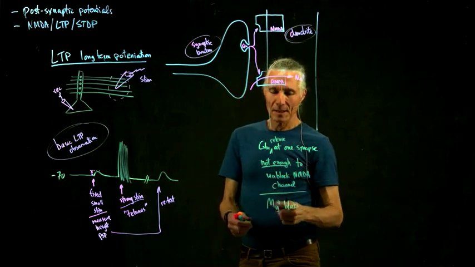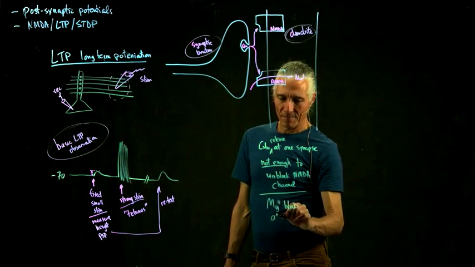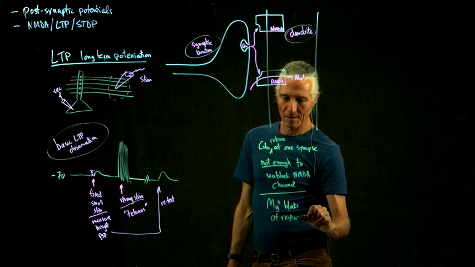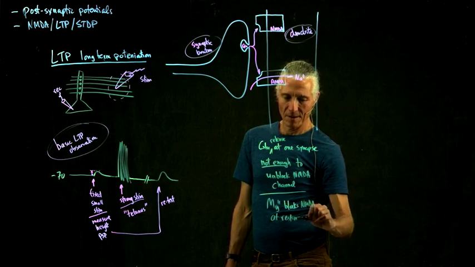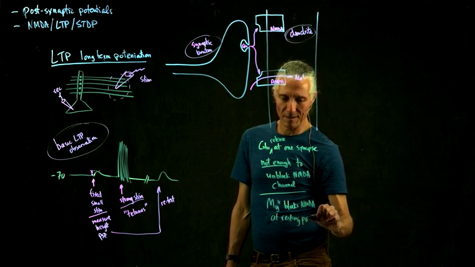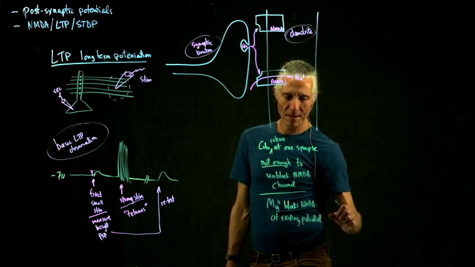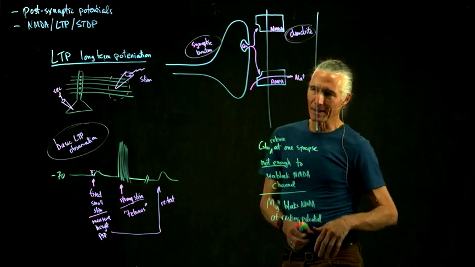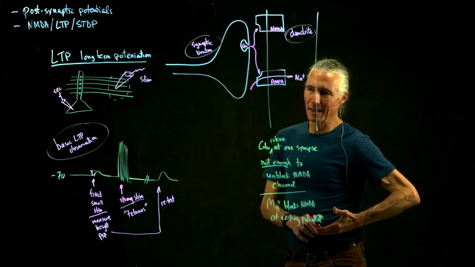So at resting potential, magnesium blocks NMDA. It's a different mechanism than the voltage-gated channel inactivation, because that was a little piece of the channel that jammed into the channel.